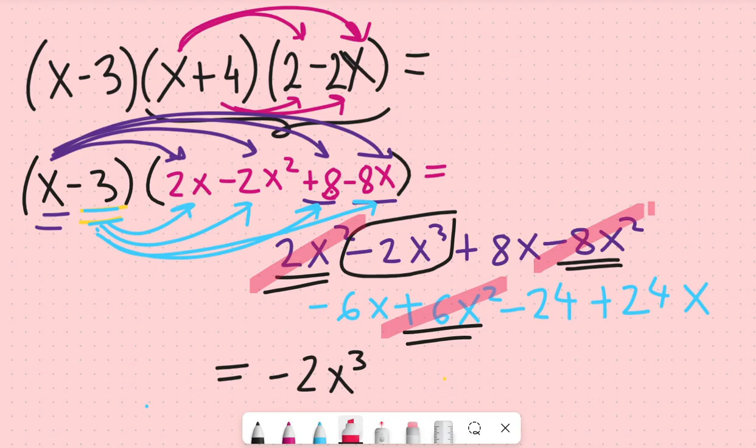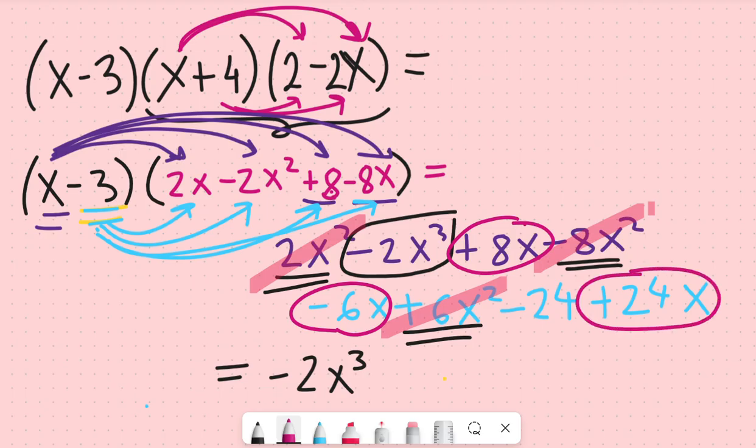So x squared goes away. Then we have 8x minus 6x, which is 2x, but then we have plus 24x, so 26x. Finally, we copy minus 24. That's it, we are done.